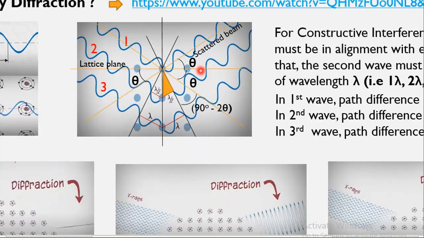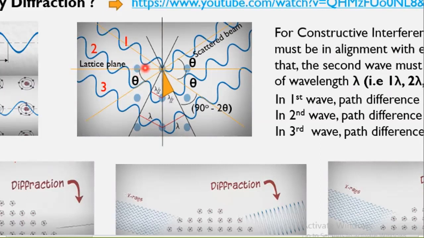Let's focus on this picture. These are the atomic arrangement of the crystal, and since the single unit is repeating in an identical manner in all directions, they are forming lattice planes inside the crystal.